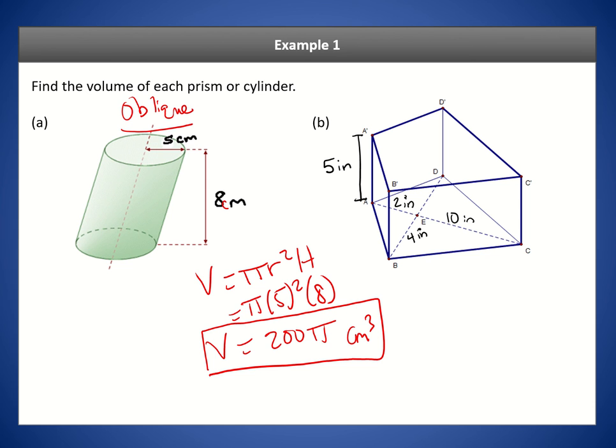Now for part B, we have a kite prism. Notice that the base is a kite, right? So we're looking at this bottom base here, that's a kite. And so the area of a kite is equal to the length times the width divided by 2, or the length times the height, I guess you can say.